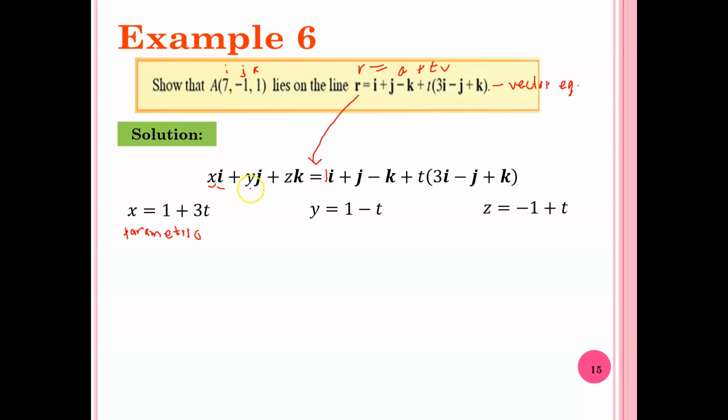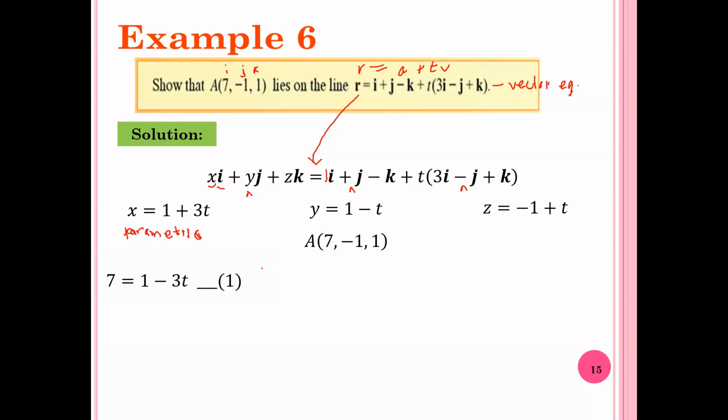And for Y, for J, untuk coefficient for J, you have Y, you have 1 over here, and you have negative 1. So you have semua ni lah single 1 1 1. This is parametric. Then after you obtain your parametric, then only you can obtain your Cartesian.